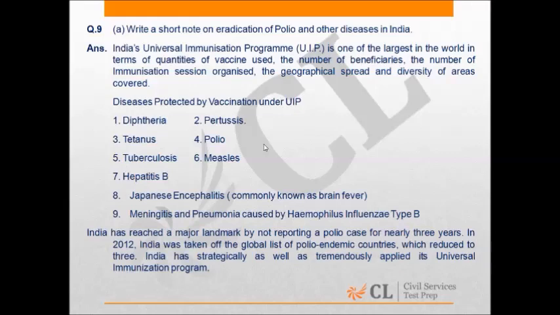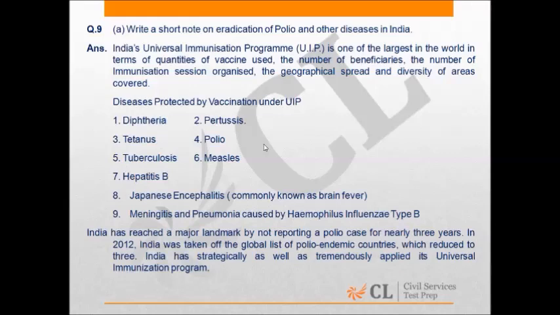And when we discuss India's UIP, Universal Immunization Program, it is one of the world's largest immunization programs, and under Indian UIP 9 types of diseases have been covered. They are both viral and bacteria borne diseases, and these diseases are especially prone to children.